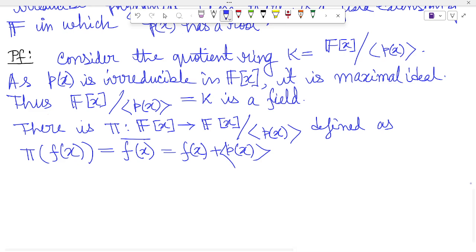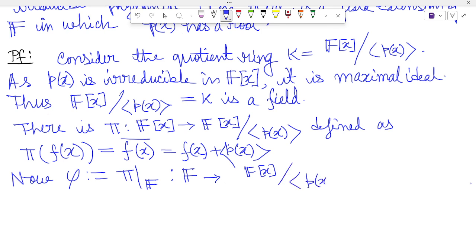Now, if I restrict pi, define the new pi, which is the restriction of pi to F. This is a map from F to F[x] mod p(x).